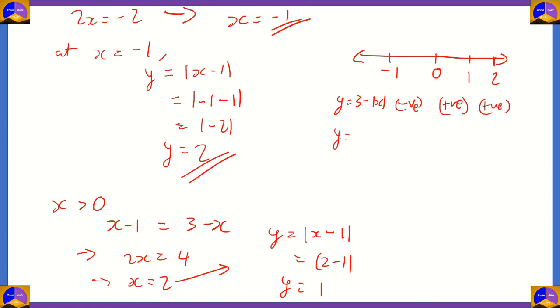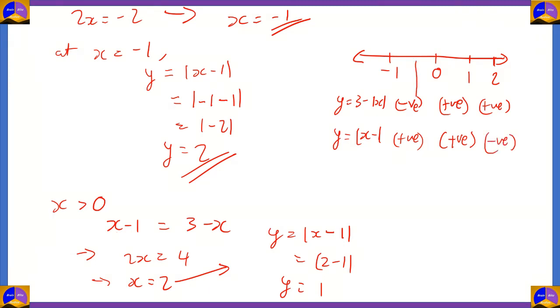For y equals mod of x minus 1, you will first have a positive value, then a negative value, and then we have a positive value, and then finally we have a negative value.